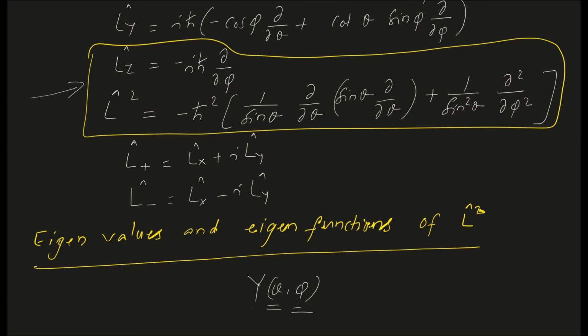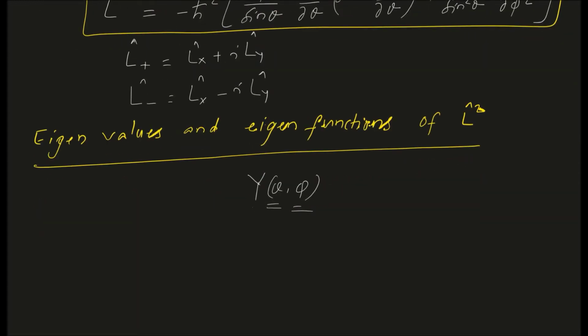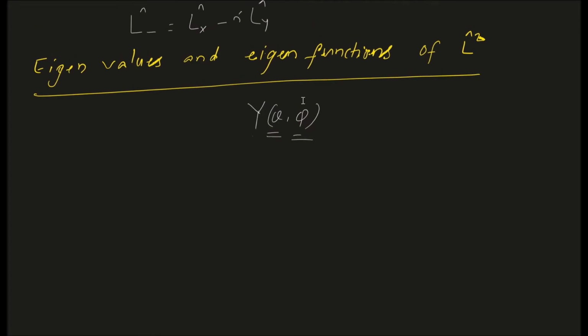So we can write the eigenvalue equation for the L square operator as L square Y theta phi is equal to lambda h cross square Y theta phi.